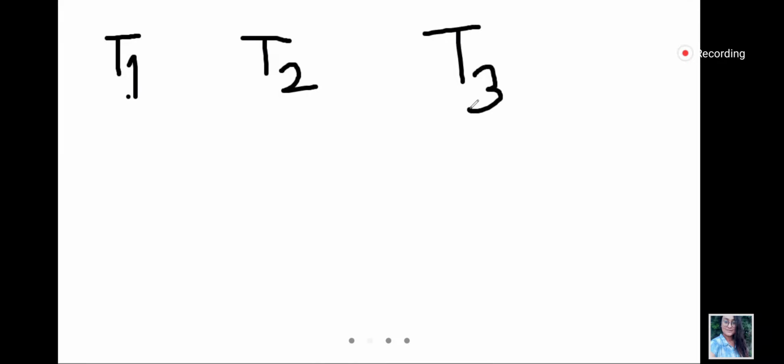Now I have to do all these three tasks together. See, in my computer I am running Zoom software, so I can consider that as T1. Then I am also showing you the PDF of the lecture sheet, which I can consider as task 2. Then I can consider task 3 as the screen recording. I am recording everything right now.